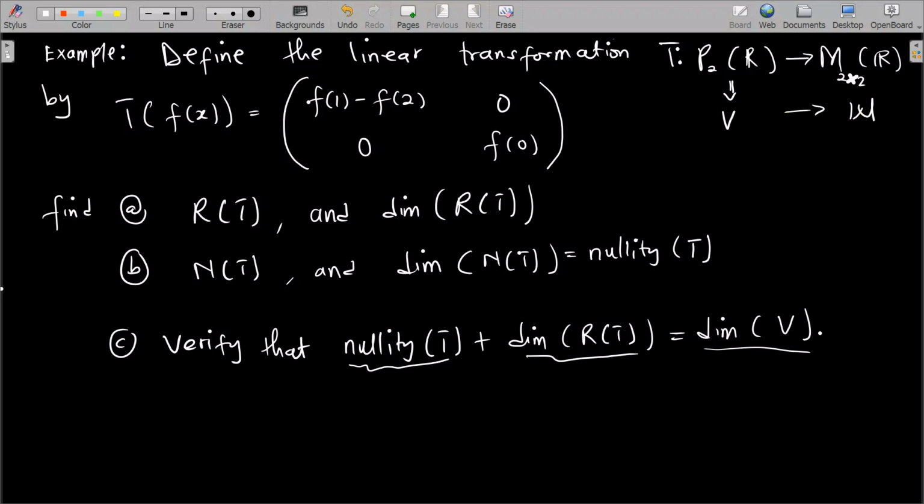We'll come back to a theorem that talks about this whole dimension relationship, called the rank-nullity theorem. I'll take my time to go through that in a separate video, but for this one, we'll verify it before we go to that theorem.